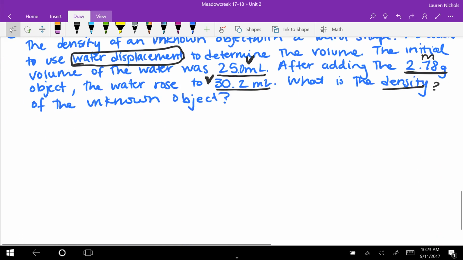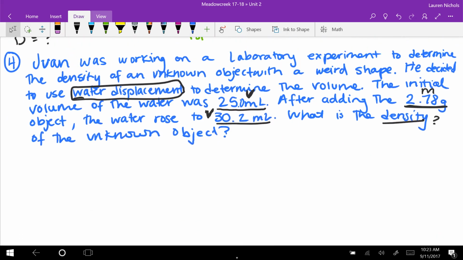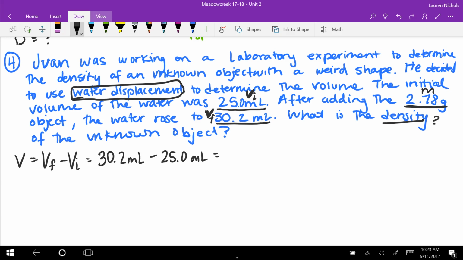And so when we're looking at this problem, for our volume, we're going to need to figure out our final volume minus our initial volume. So we see that the initial volume of the water was 25.0 milliliters. So that means that's V initial, and the second one is V final. So we're going to take 30.2 milliliters and subtract 25.0 milliliters.